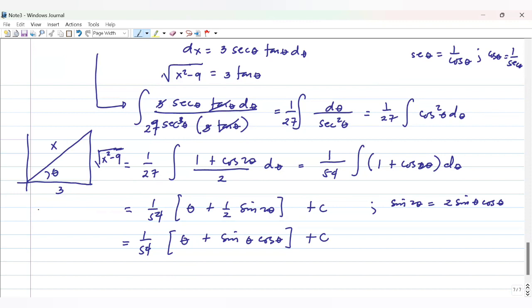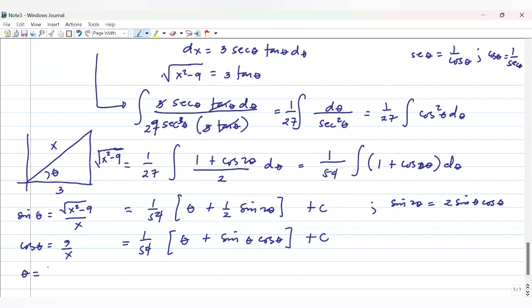Looking at this one, our sine is opposite over hypotenuse. Our sine theta is equal to the square root of x squared minus 9 over x. Our cosine of theta is equal to 3 over x.